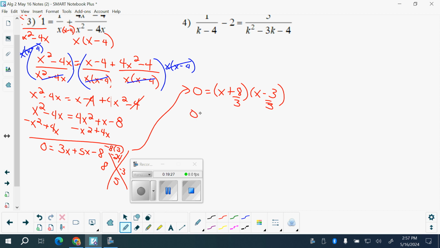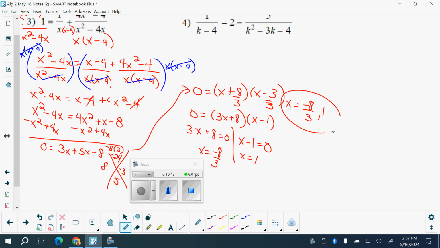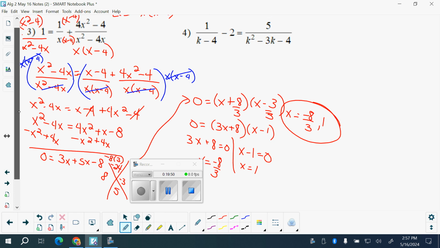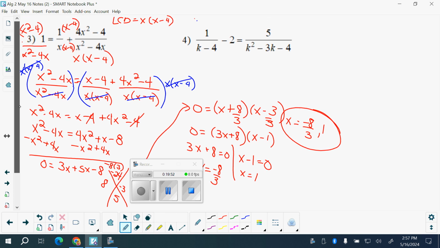So we get 0 equals 3x plus 8, slide the 3 to the front, times x minus 1, and then use our 0 product property. And then again, we want to make sure that that will not give us a 0 in the denominator, and it does not.